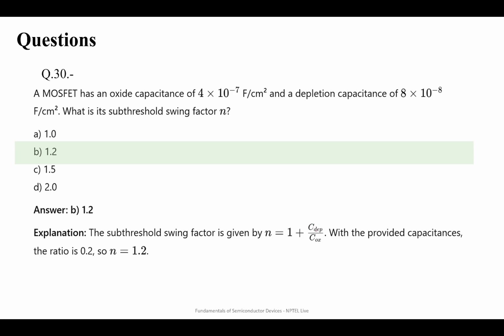Ideally your depletion capacitance should be zero, but in the real case depletion capacitance will never be zero. So you will always have n greater than 1.